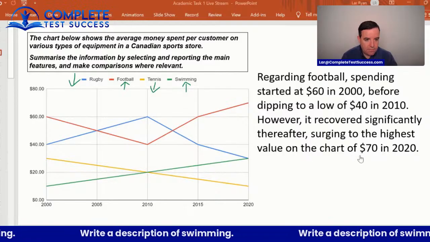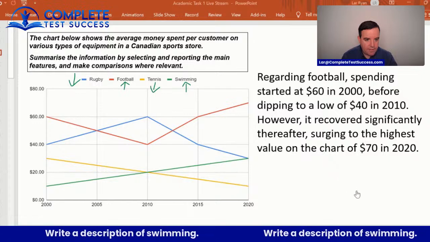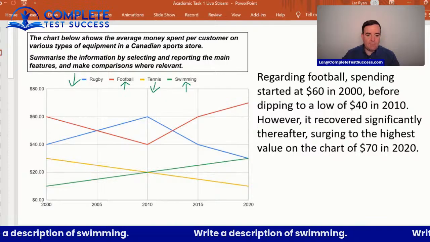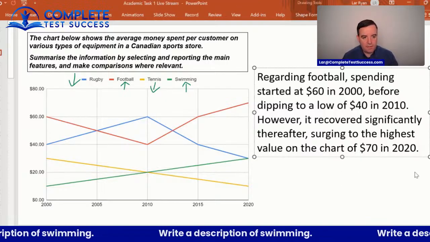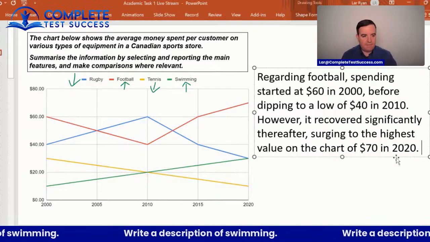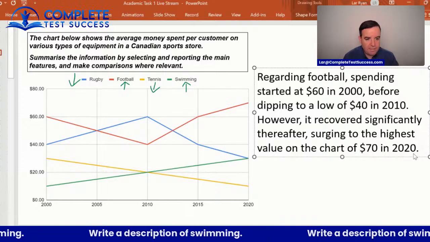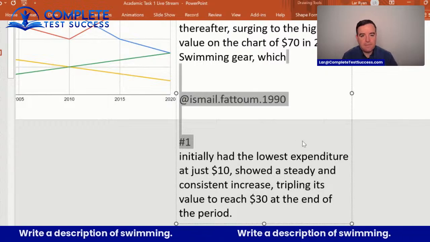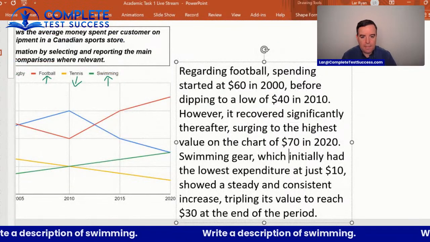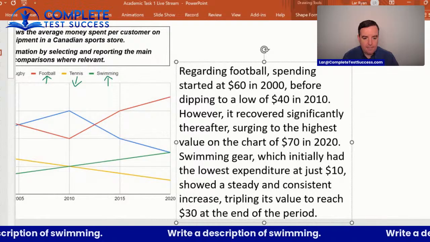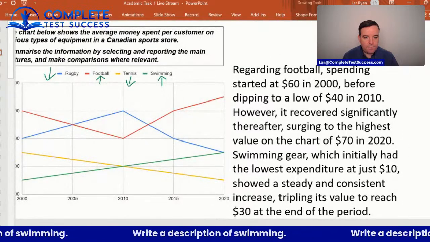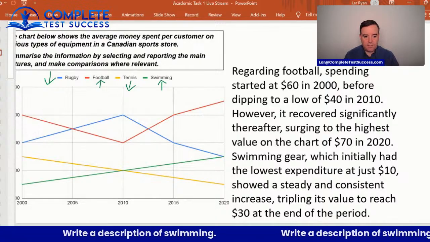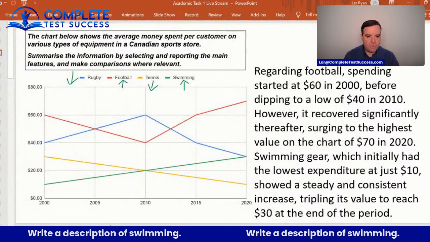And like I said earlier, the problem we have here is that there isn't that much to talk about when these graphs have only 4 categories, and they're pretty much straight lines for most of it. So adding in something there like the fact that it tripled, that's a nice way just to make sure that we don't end up with a very short essay.